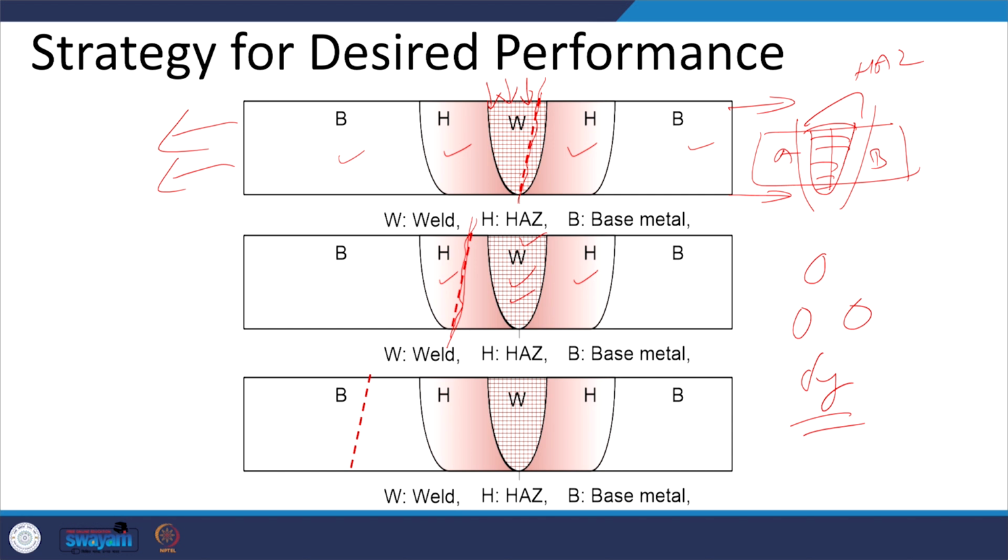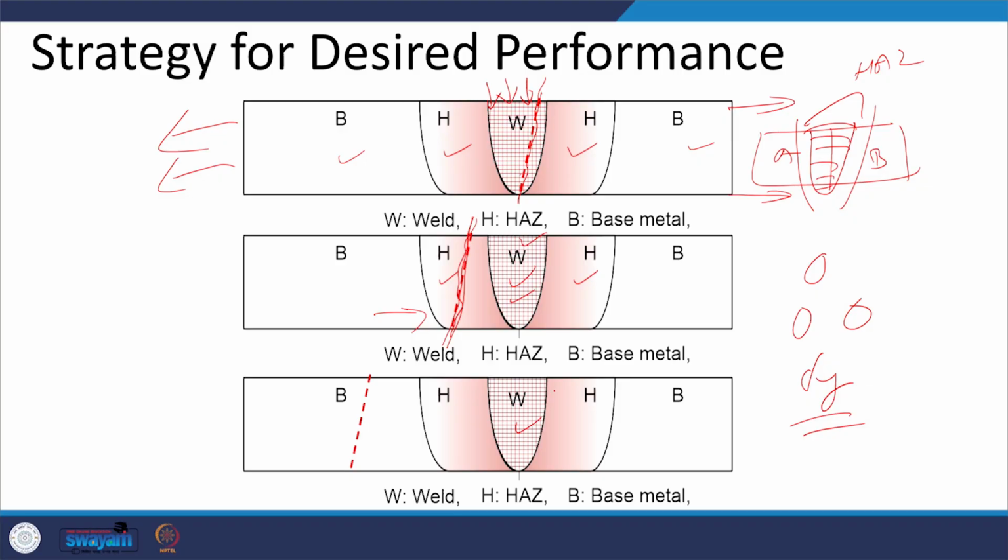So, if the failure is occurring from the heat affected zone, then it needs a different approach to improve the joint performance. It may take the form of using high power density, so the heat input is reduced, heat affected zone formation is minimized, and its related adverse effects are also minimized.